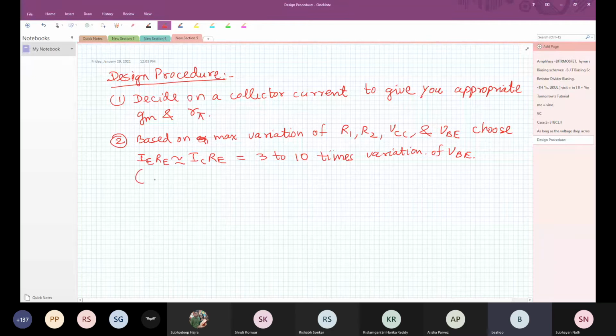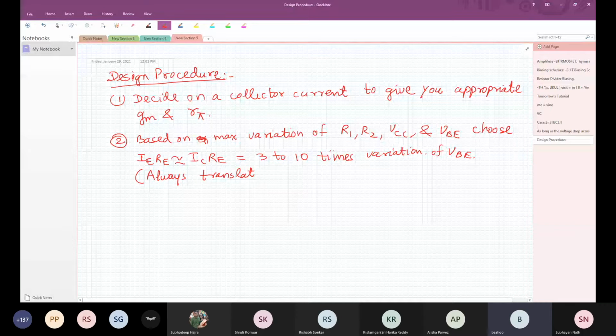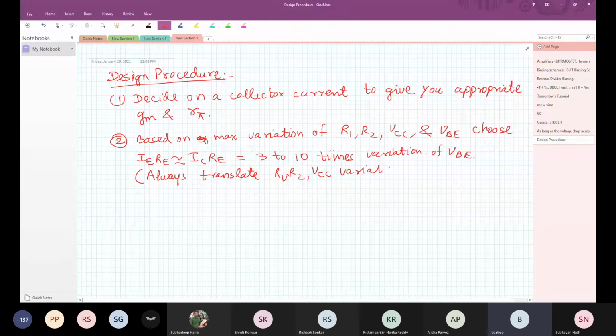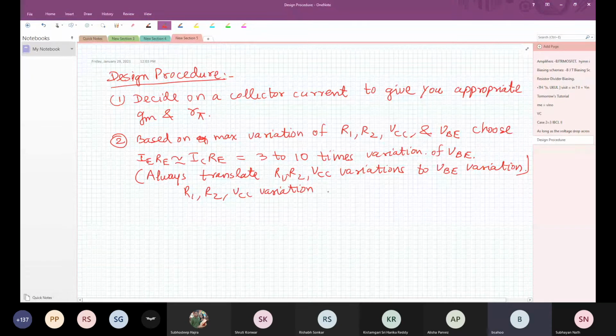So that means always translate R1, R2, VCC variations to VBE variation. Because R1, R2, VCC variation will change Vx, thereby changing VB.